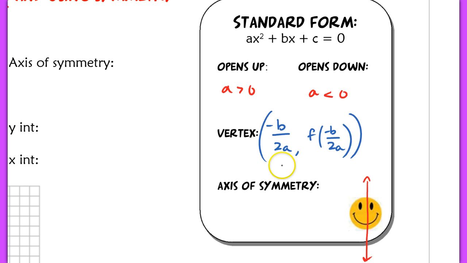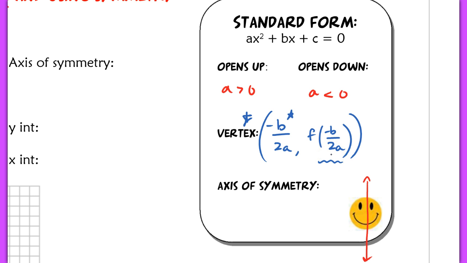So in notation, we'd see -b over 2a, comma, f of -b over 2a. So we'll do that a couple times just so you get the hang of it, but this is a new formula for you that you will memorize, -b over 2a, and then this part isn't so much needed to be memorized because you're just going to plug that value right back into your function.